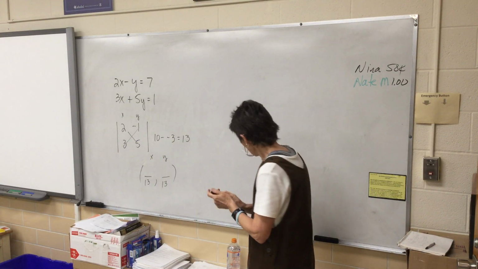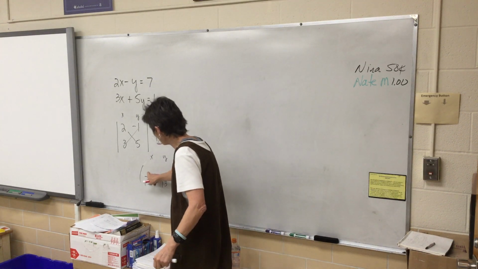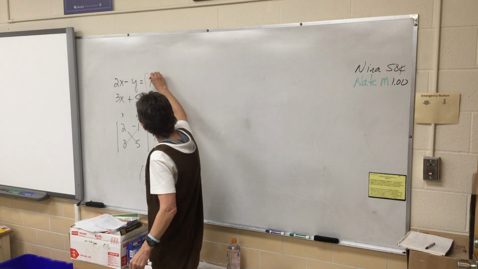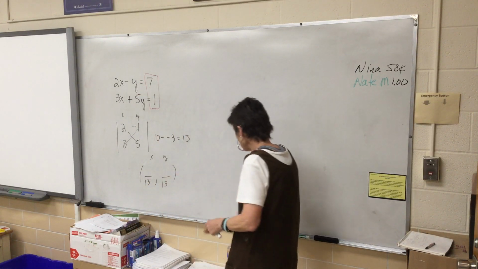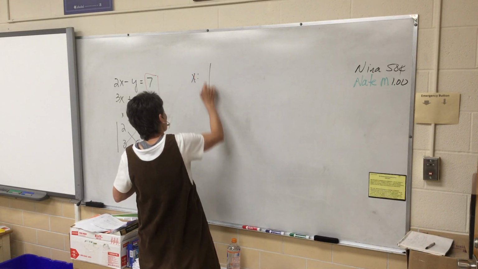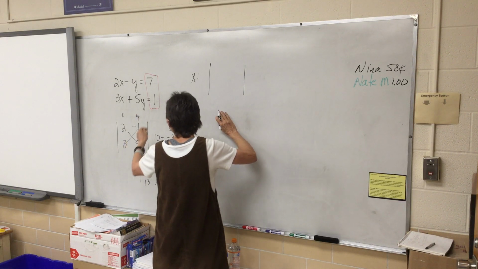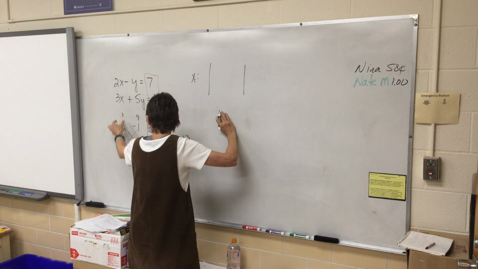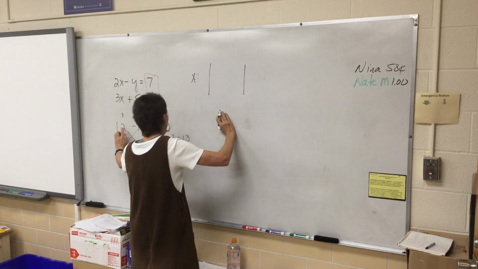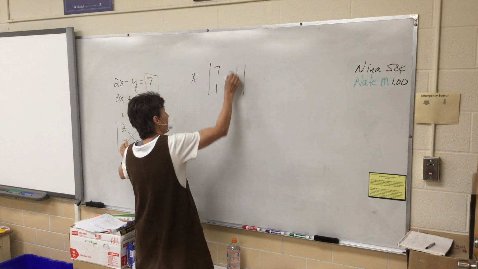Now I got to find the numerators, the tops of these fractions. And I find those by plugging in the 7 and the 1. So I'm going to make another determinant for x, another one of these. But instead of having the original x numbers, I'm going to paste these on top. So I'm going to have 7 and 1, and then -1 and 5.